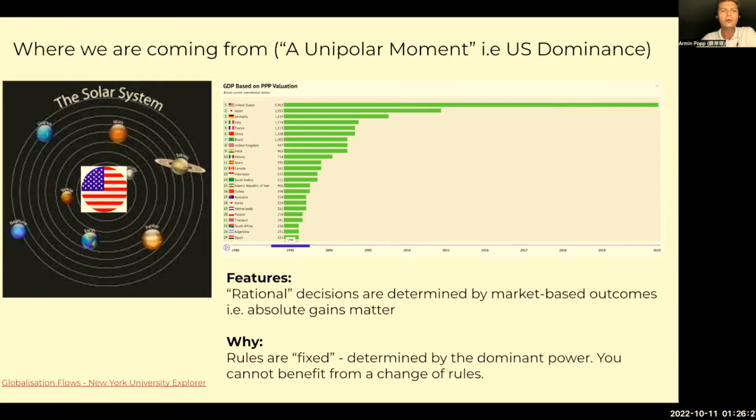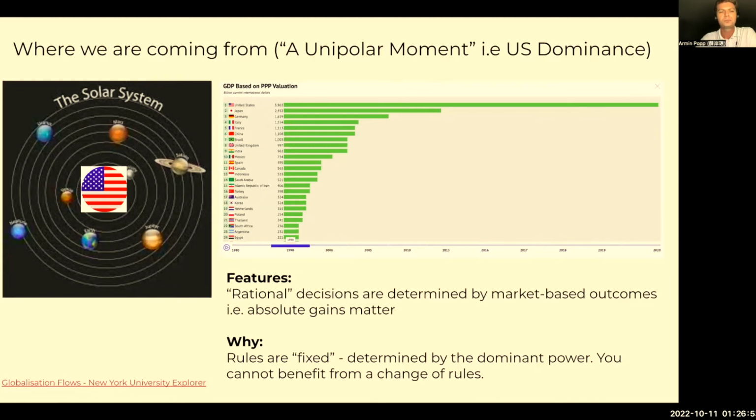So the way you think about this in terms of politics, it works like a solar system. The US in this case is like a sun. All other nations, all other players, are just circling around the sun, circling around the US.